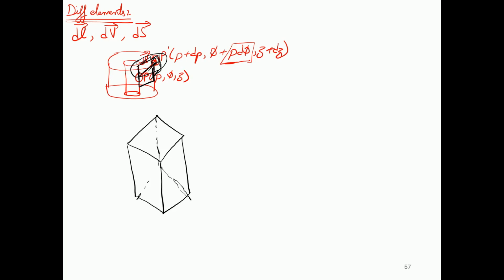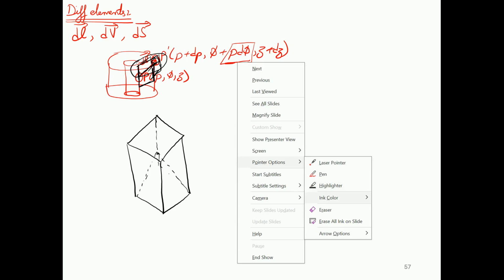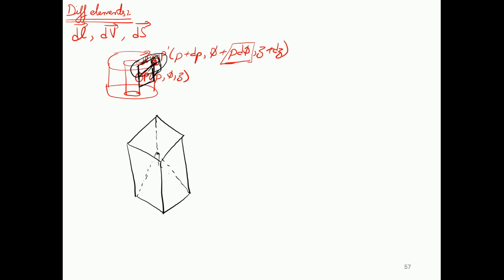Let me try to make it more clear so it doesn't get jumbled up. So this is the point, and this is now the cube that I have. Now what is happening in this cube? Let me draw the complete axis on this. Let us say this is my x, y and z.